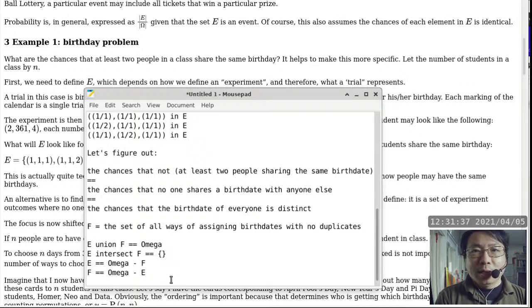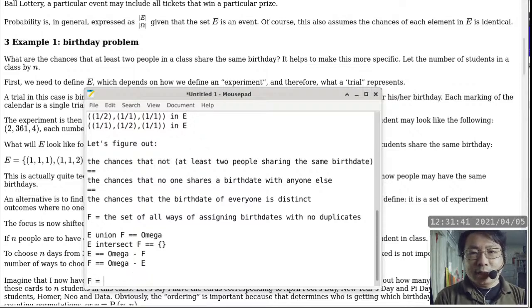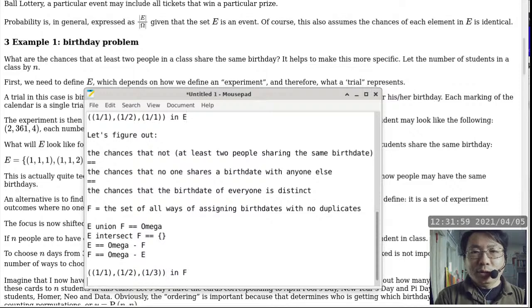So if you think about distinct, that's actually pretty easy to work with. We have worked with quote-unquote distinct for a while now, because everything in the set is supposed to be distinct. So if we think about F in this very specific case, when n equals 3, what kind of elements are going to be in F? Well, we just have to make sure all 3 items are different, right? So (1, 1, 1), (2, 1, 3) is in F, which is the opposite of what we want.